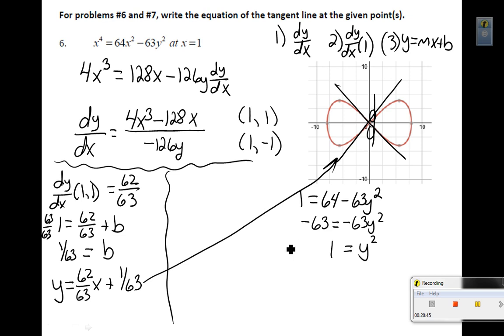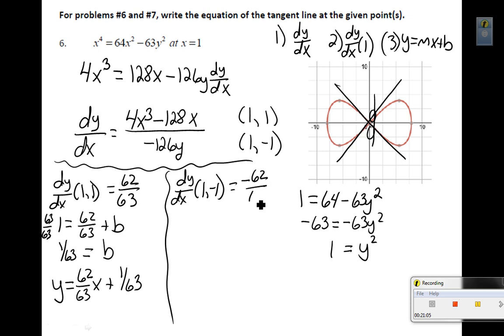Here comes the second one. I need to evaluate dy/dx at the point (1, -1). And when I did that, I got negative 62/63. I'm sure you'll just take my word for it. And then when I went to solve this, I had -1 equals 1 times negative 62/63 plus b.